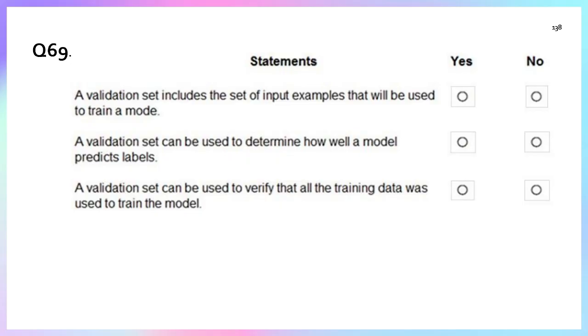Statement two: a validation set can be used to determine how well the model predicts the label. Yes, validation is something by which we can validate how the model is trained and how the model will respond. The more validation we apply, the more accurate the value it will give, whereas less validation will give a not so good value.